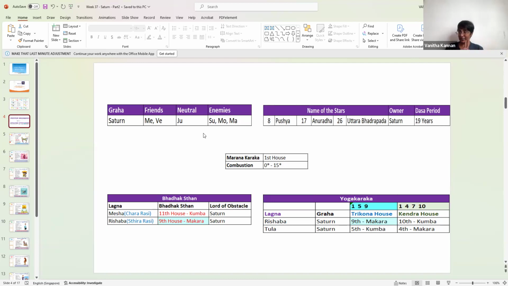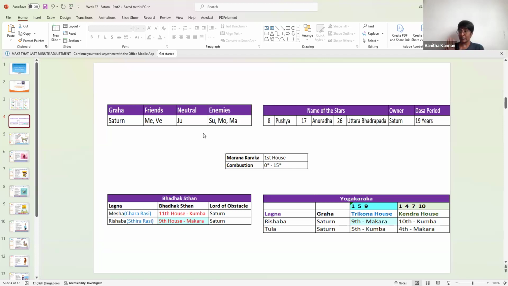The 9th is the Trikona, and 1, 4, 7, 10 are the Kendra. So the 9th house Makara satisfies the condition, and the 10th house Kumbha satisfies the condition. That means the Lord is present in the Trikona as well as in the Kendra. So for the Rishabha Lagna people, Saturn becomes the Yoga Karaka for this reason.